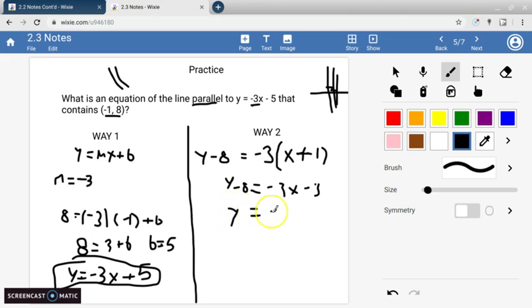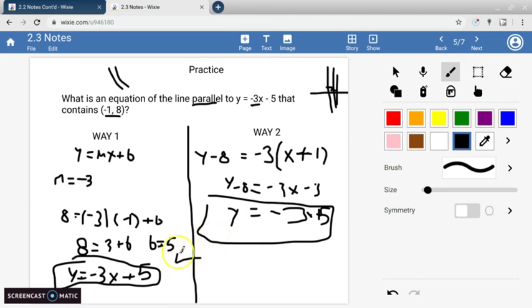And then we have y equals negative 3x, and then negative 3 plus 8 is... something is off. Plus 5. Okay, that is very ran together, but we see that it is the same thing for both ways that we did. So there you go. That is what that is.